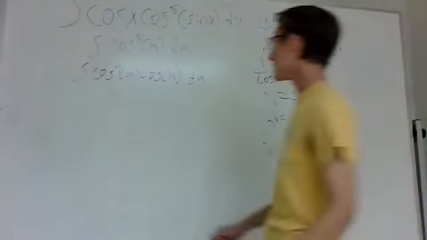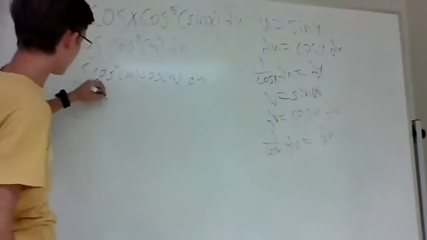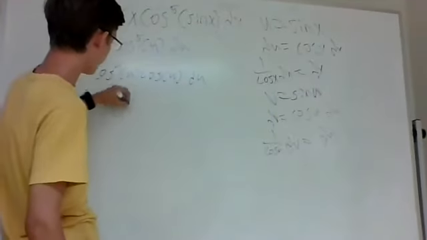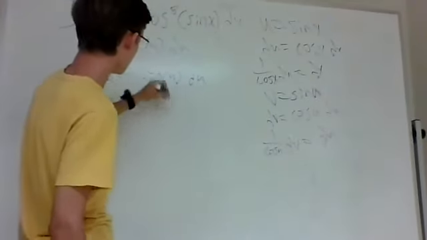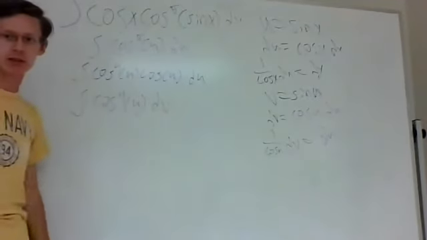Now that we get this, we would now have an integral of cosine to the fourth u dv. Why is there a u and a v in the same integral? I'll resolve this in a second.